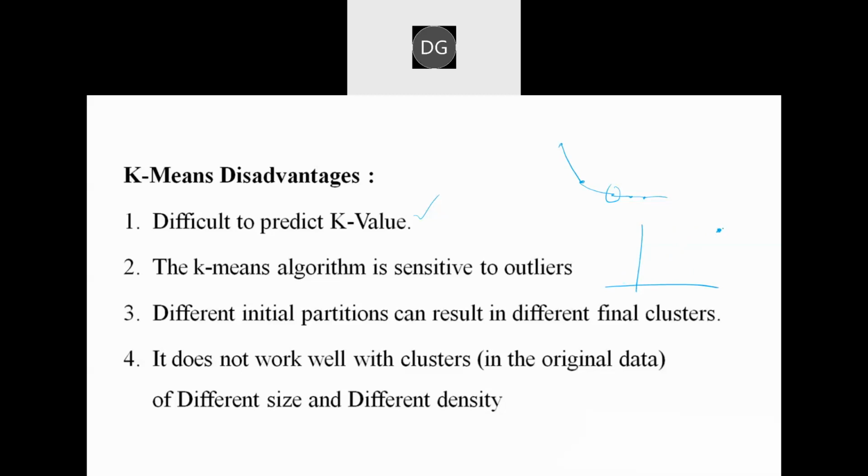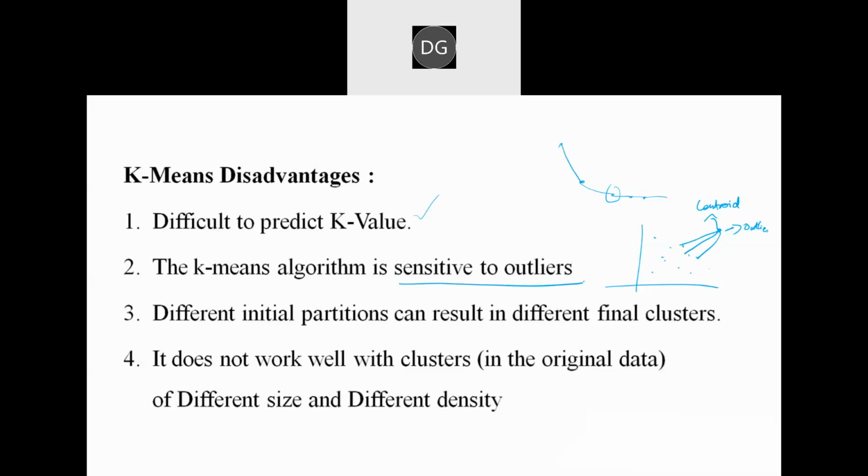Assume this is the outlier and all data points are present here, and this outlier I have by mistake taken as a centroid. Then all points will be very far from the centroid. So it is very sensitive to the outlier points.